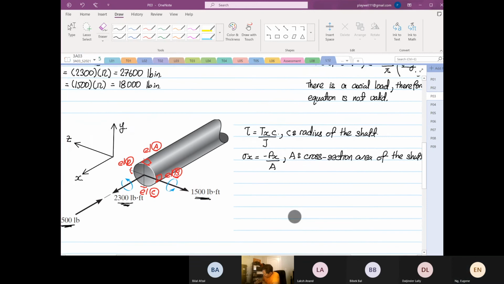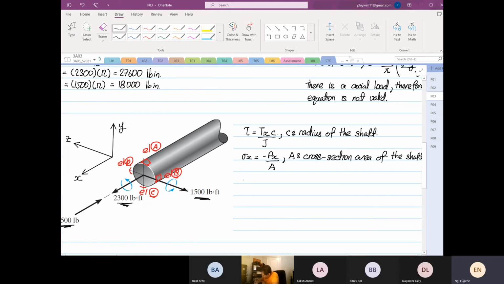Right? And then we also know that stress X is also equal to Mz divided by Izz, right? Multiplied by y, and we know that y corresponds to the radius of the shaft.